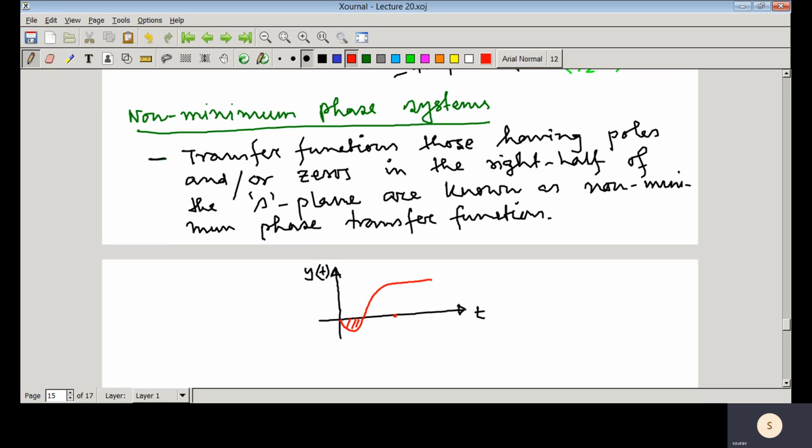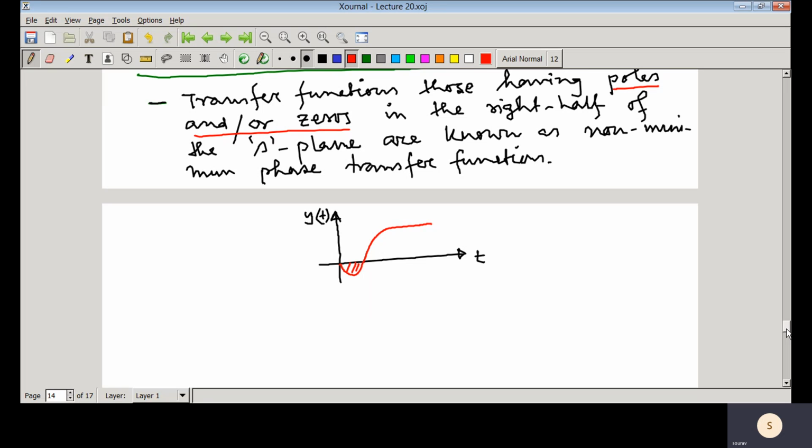So if there is a pole or zero in the right half of that S-plane, then this is called the non-minimum phase system. But conventionally, if there is only a zero on the right half of that S-plane, then it is called the non-minimum phase system. But by definition, if there is a pole or zero.